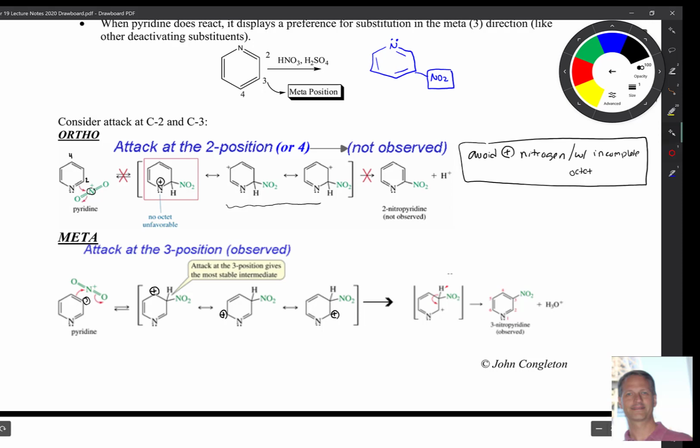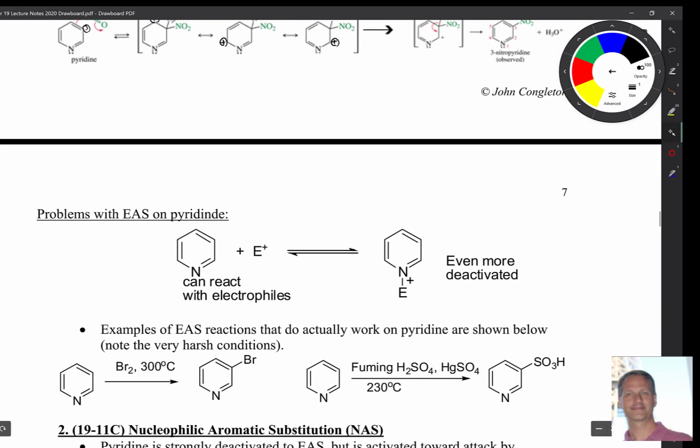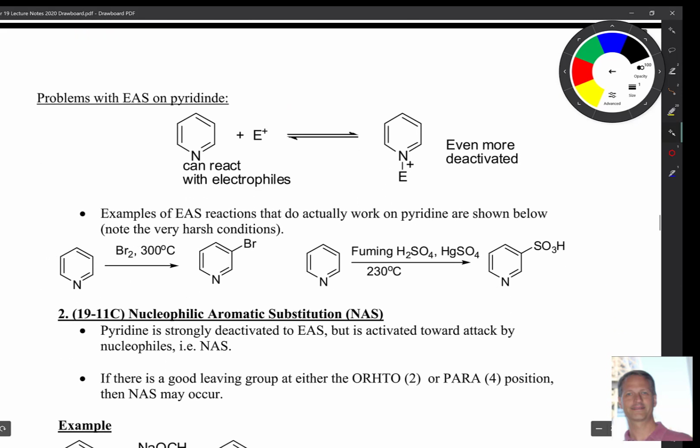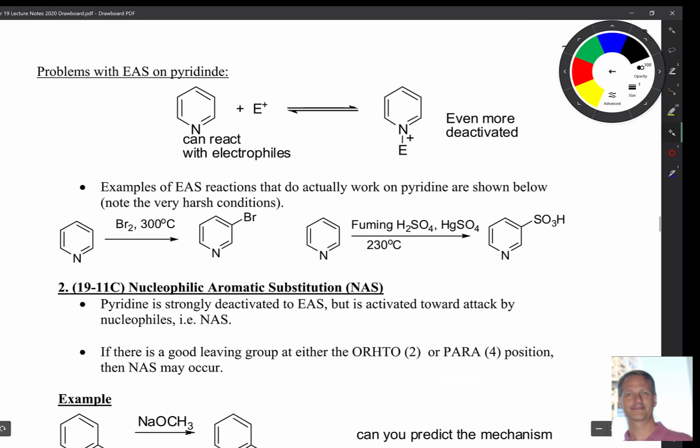So there are a couple of problems that we have with EAS on pyridine. It's deactivated already, and we have this lone pair on the nitrogen. When we're in the presence of electrophiles, that electrophile, through a Lewis acid-base reaction, can react with that nitrogen and put a plus charge on it, and that makes this molecule even more deactivated.